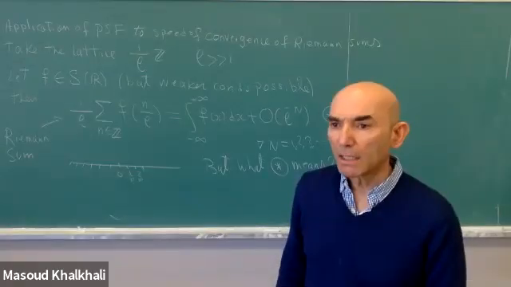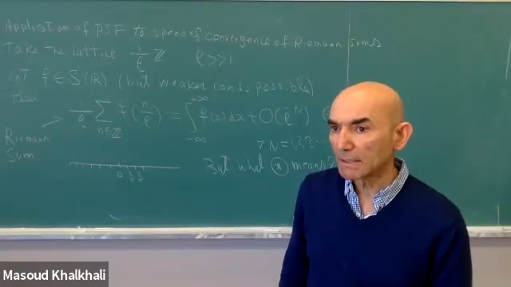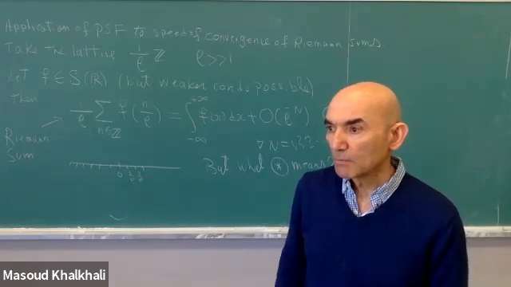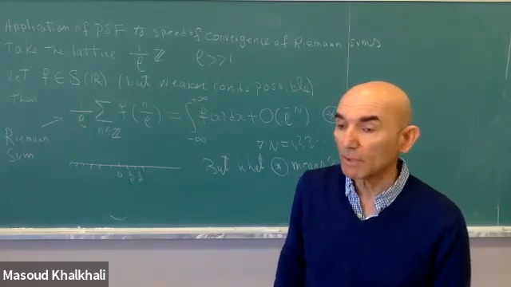And do you know if there is a condition which can guarantee actual exponential decay of the error? Like analyticity or something? Yeah, analyticity makes sense. But what could be better than Schwartz class?